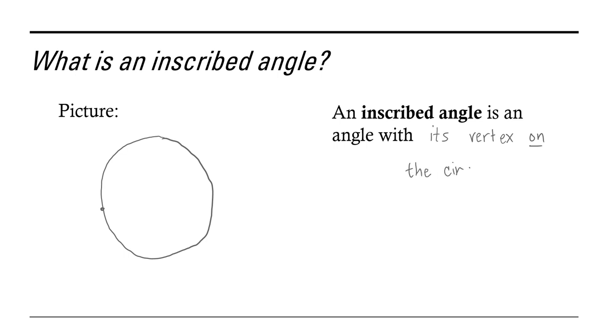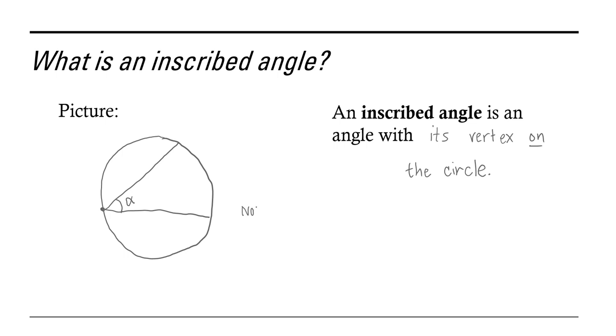A reminder, the vertex is like the elbow part of the angle. It's the part that bends. So this is an inscribed angle. I'm going to give it another Greek letter, alpha, for that inscribed angle.